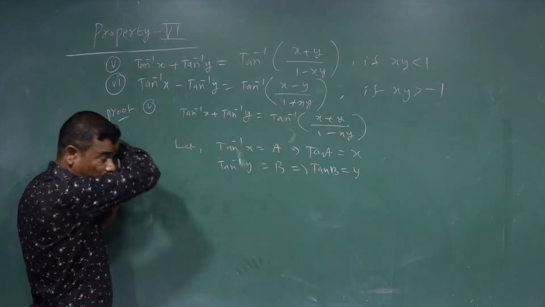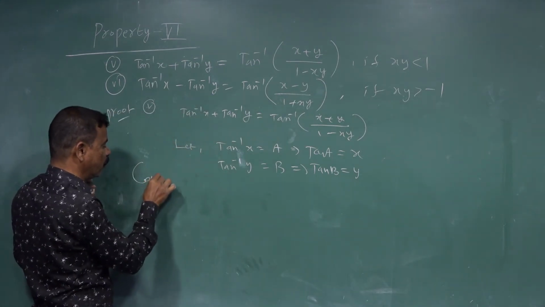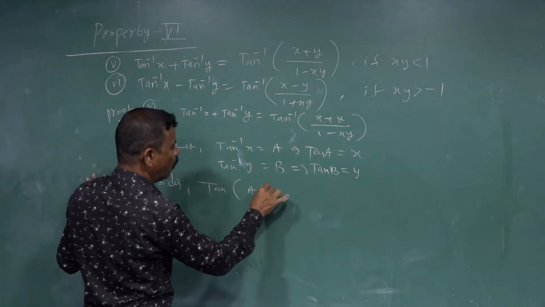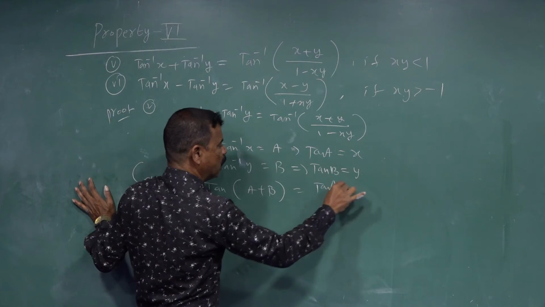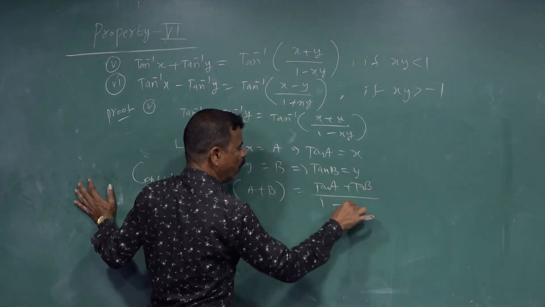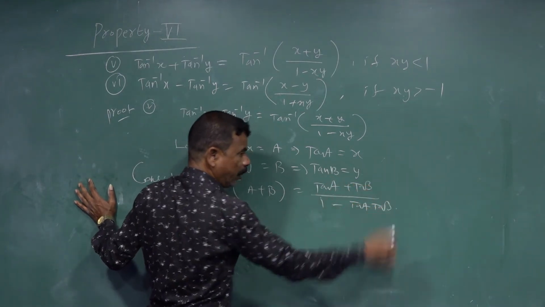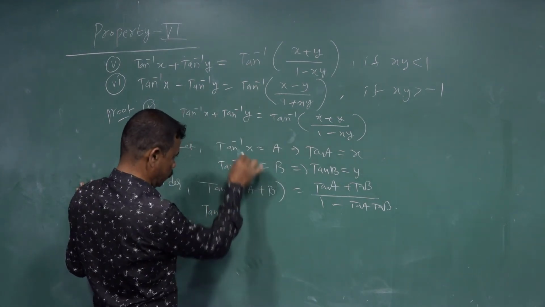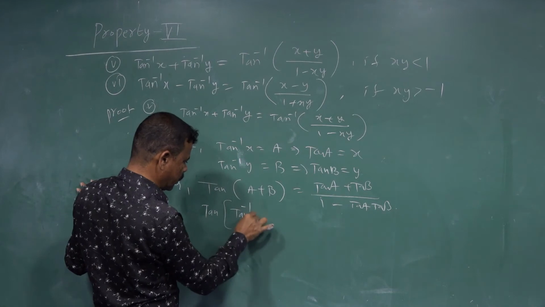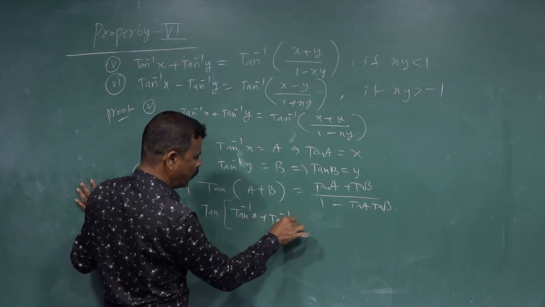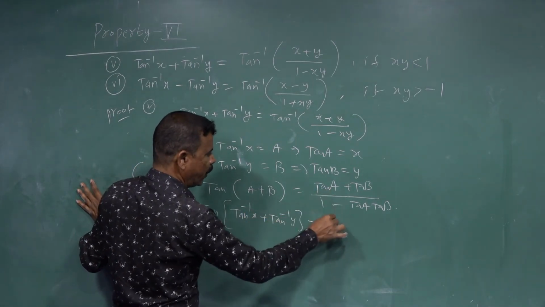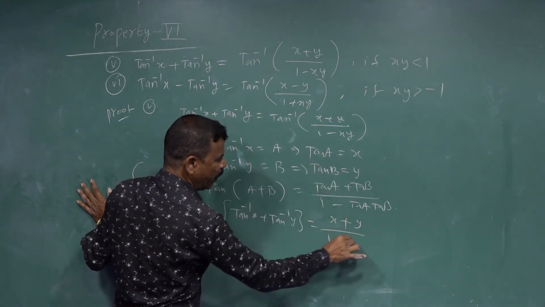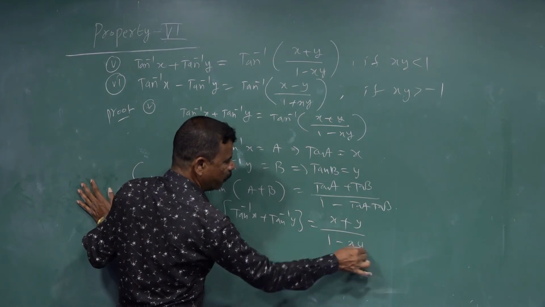After that consider the tan formula: tan of (a plus b) is (tan a plus tan b) by (1 minus tan a tan b). So tan of (a plus b) is x plus y by 1 minus xy.